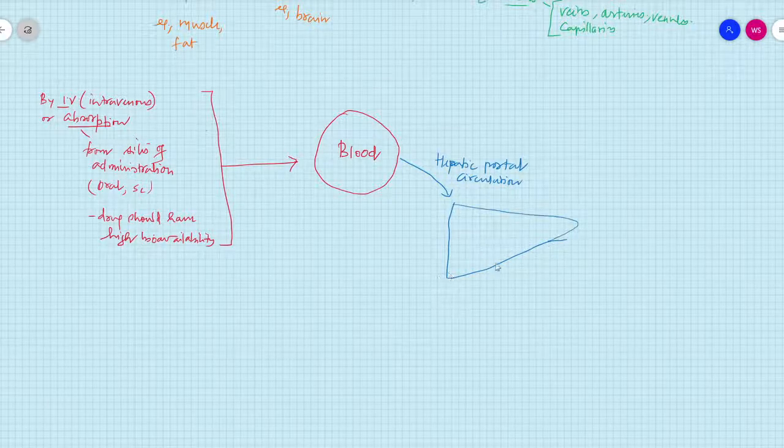It gets metabolized, and the metabolite and the drug enter into the blood.